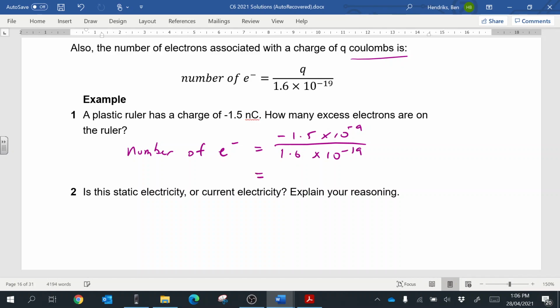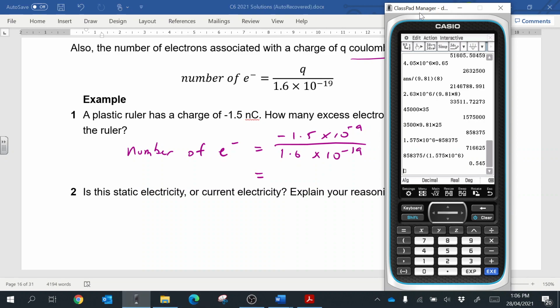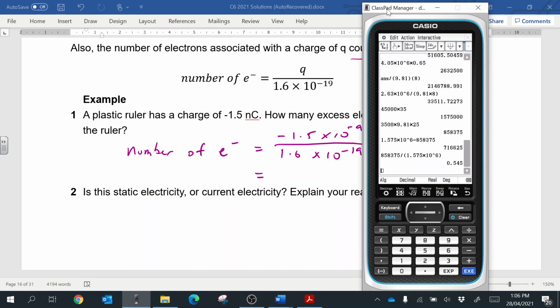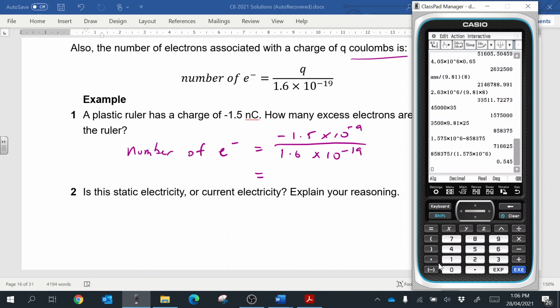Let's put that into our calculator: negative 1.5 times 10 to the negative 9, divided by 1.6 times 10 to the negative 19.